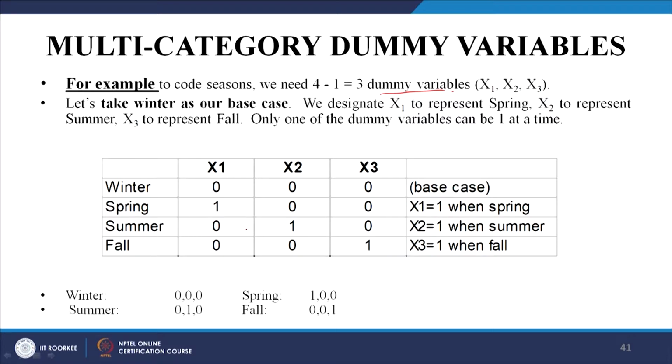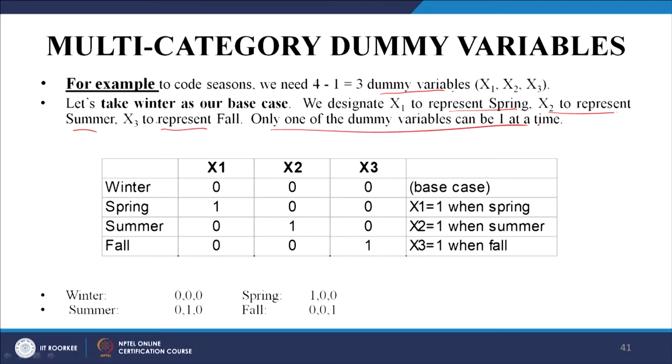Summer is 0 1 0, and fall is 0 0 1. So, if you see, it is either only one of them or none, right. We designate x1 to represent spring, x2 to represent summer, x3 fall. So, only one of the dummy variables can be 1 at a time.